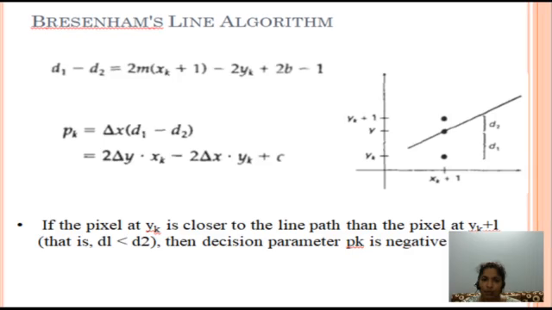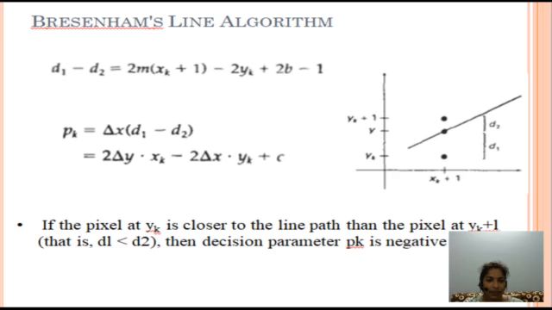Now, I told you we are incrementing x by 1 unit. Why do we have to decide whether to take yk or yk+1? Here we are going to find a decision parameter. So pk is the decision parameter to decide which point to take. The equation of pk is delta x into (d1 - d2). d1 - d2 we already know, so we substitute it here.